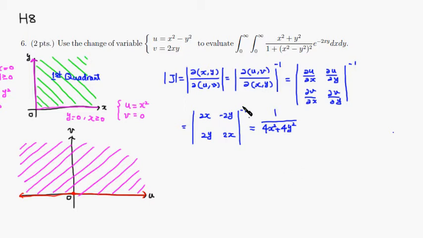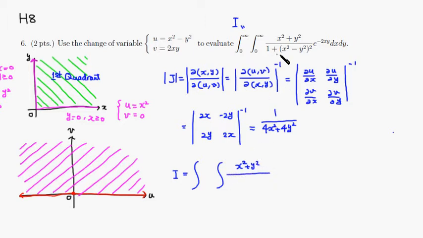If you do a change of variable here, I'm going to call this integral I. That integral I can be rewritten as a double integral. I'm going to leave x squared plus y squared as it is for now.